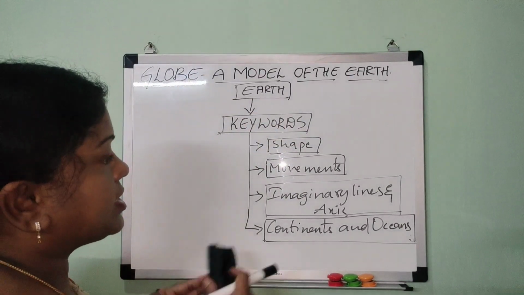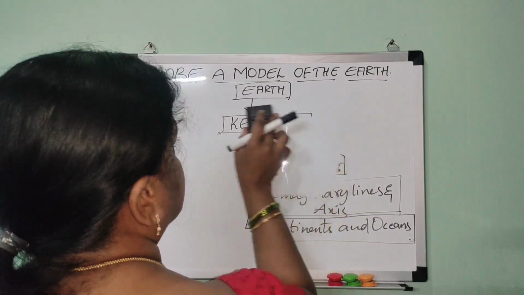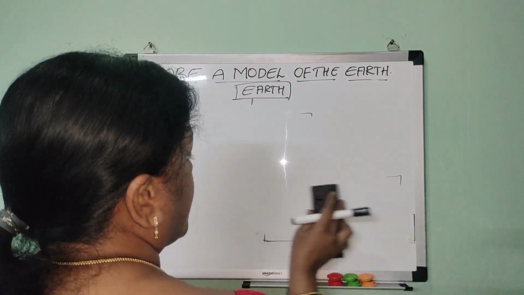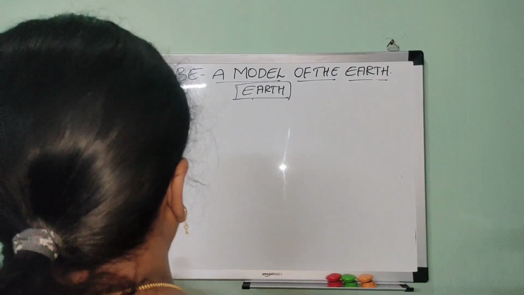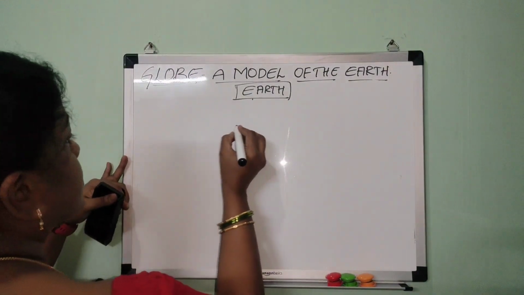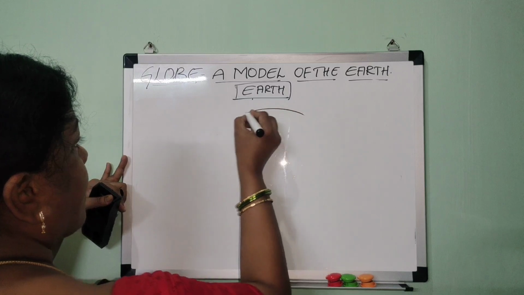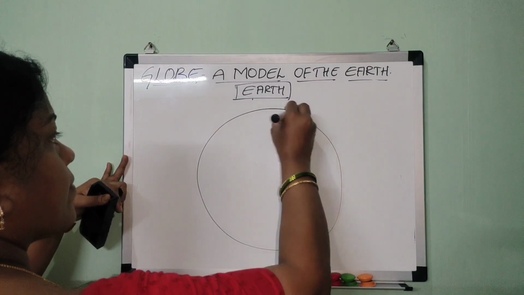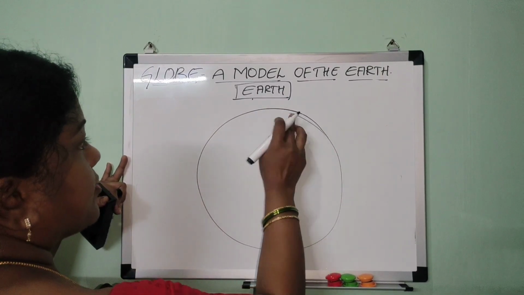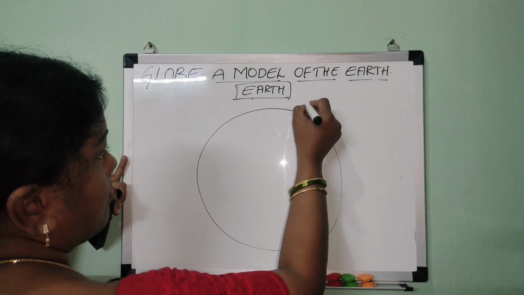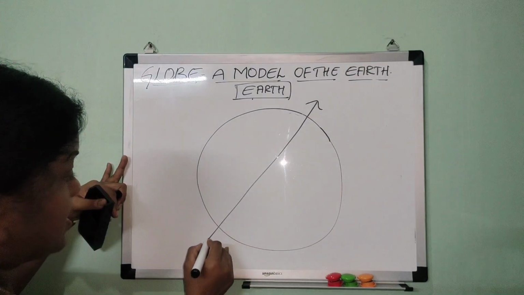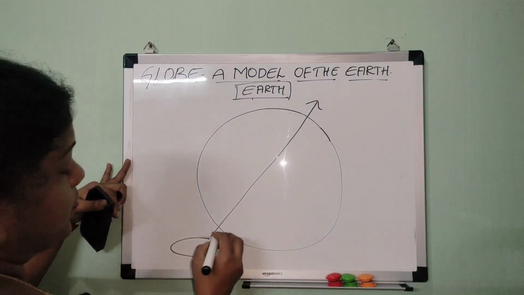So first of all, let us focus on the first keyword, shape. Are you ready? Yes. Let us get into the topic, children. First of all, let us try to understand the shape of the earth by taking the best model, the globe.